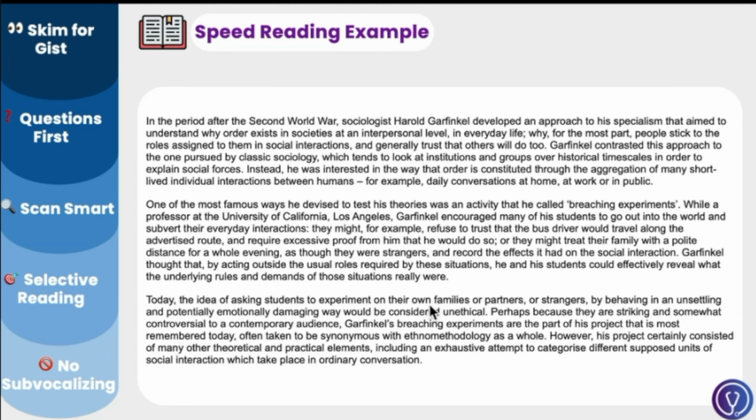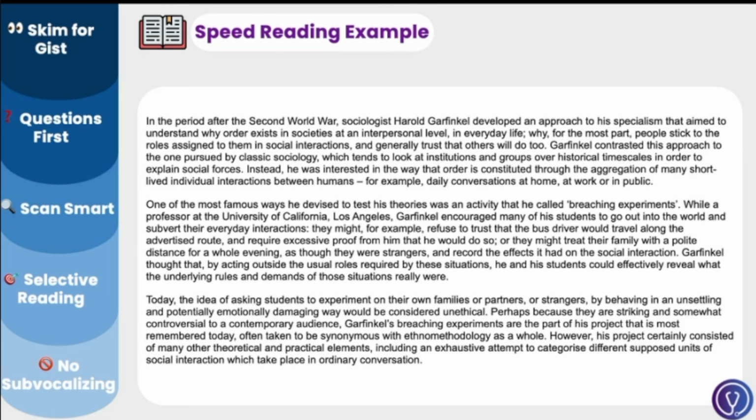Then when we look at the middle paragraph, it says one of the most famous ways he devised to test his theories was an activity called breaching experiments. At the University of California, students go out into the world, subvert their everyday interactions, and refuse to trust. So I'm picking out the keywords and sentences to get a general idea of what's going on. I'm not going through each sentence, like "a professor at the University of California, Los Angeles, Garfinkel encouraged many of his students to go."